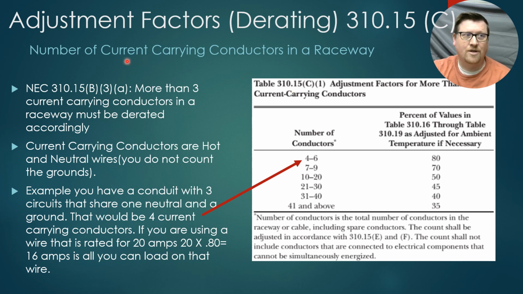So our first thing that we're going to look at is what we call adjustment factors, right? This is for the number of current carrying conductors in a raceway. We just talked about continuous loads and heat buildup. If I have 10 or 12 or 15 wires in a piece of conduit, and each one of them is generating just a little bit of heat, and they're all bundled together, that heat can build up, and it can cause insulation breakdown.